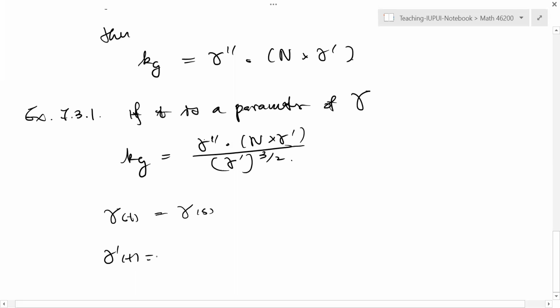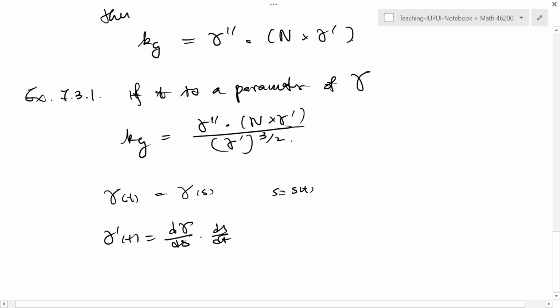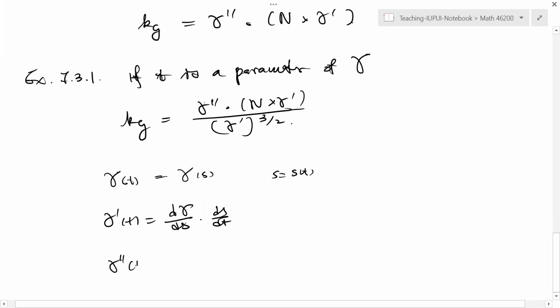So gamma prime of t is d gamma ds times ds dt, and the second derivative is going to be d squared gamma ds squared times (ds dt) squared, plus d gamma ds times d squared s dt squared. So that is the formula.